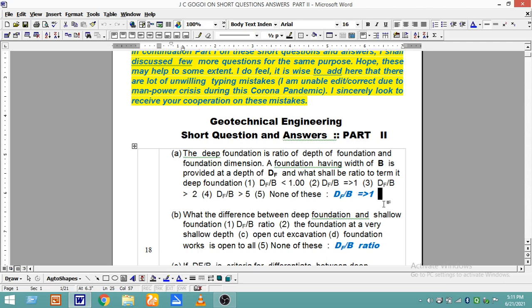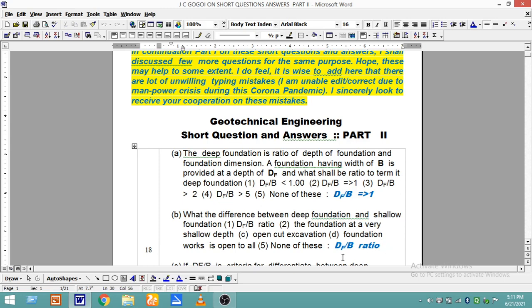Now next question. What is the difference between the shallow foundation and deep foundation? Given answers are: Df by B ratio, the foundation at a very shallow depth, open cut excavation, foundation works is open to all, none of this.